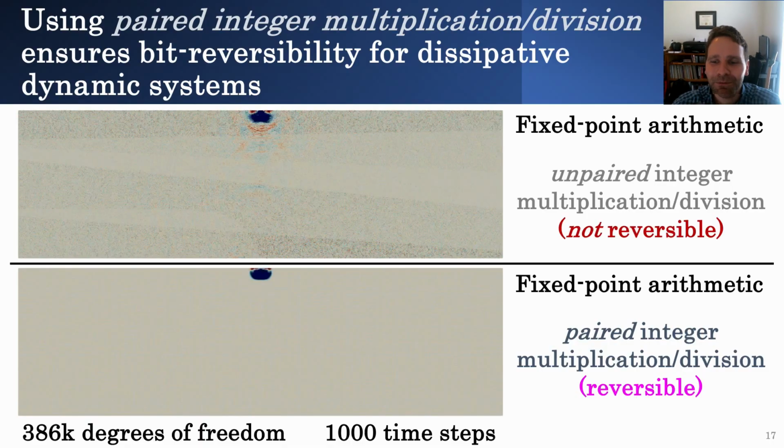You don't have that problem, however, if you use this paired and exactly reversible integer multiplication division operation. And that's really the advantage of this whole approach: you get around that issue of systems that were originally going to be unstable when you ran them backwards in time, which are now carefully controlled. It's not that they are not unstable, however. They are still unstable systems when you run it backwards in time. It's just the case that it's controlled chaos.